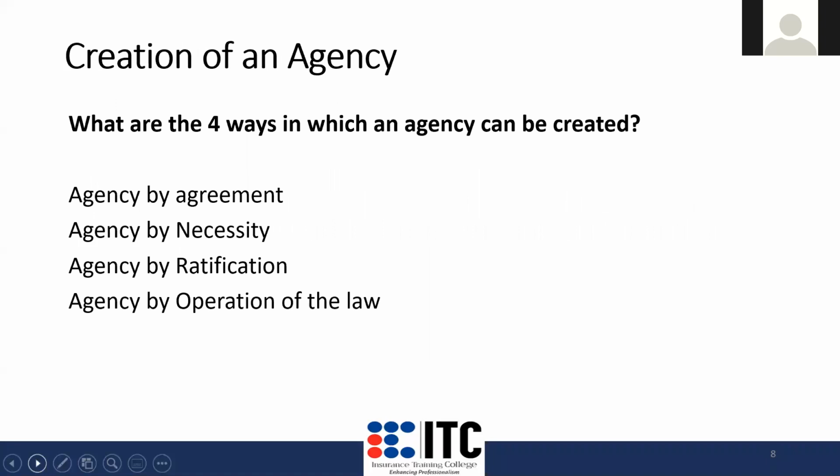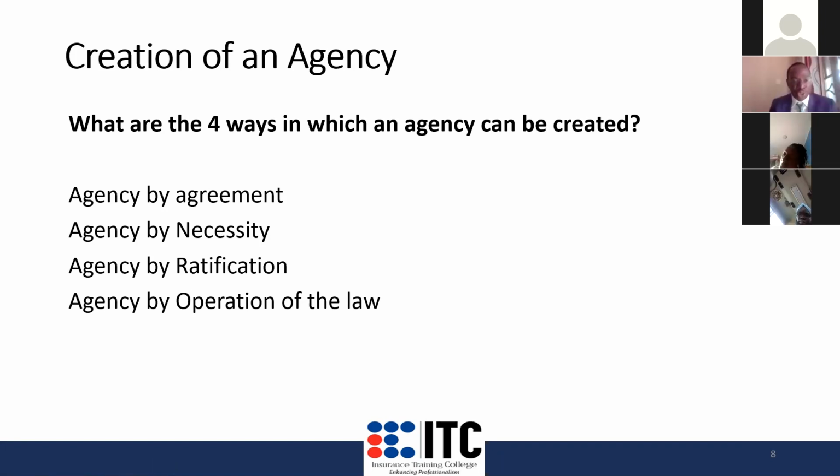We're also going to look at 4 ways in which an agent can be created. Number 1, we've seen already, agents by agreement. This is where you come on board and sign a document, or do it orally, and you agree on the terms and you start selling insurance.